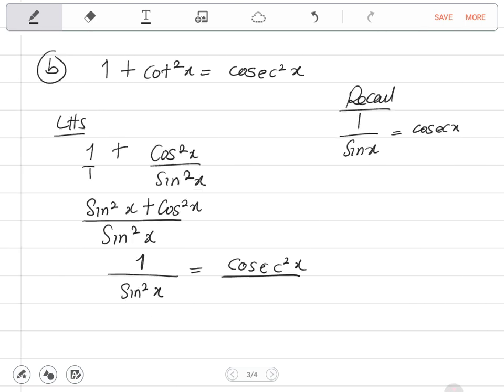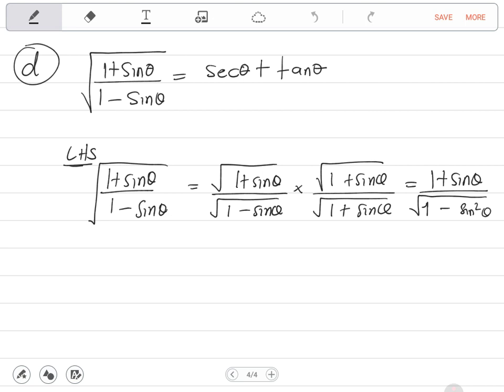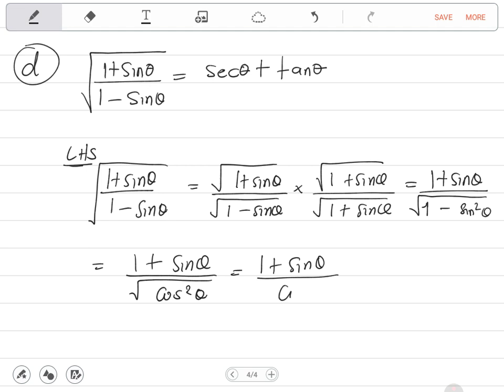You can clearly see we have 1 minus sin squared theta, which just gives us cos squared theta. So we have the root of 1 plus sin theta squared, divided by the root of cos squared theta, which will give us 1 plus sin theta over cos theta. Now, this can divide throughout. It's the same thing as 1 over cos theta plus sin theta over cos theta. Of course, we know what 1 over cos theta is. It's just sec theta plus tan theta.